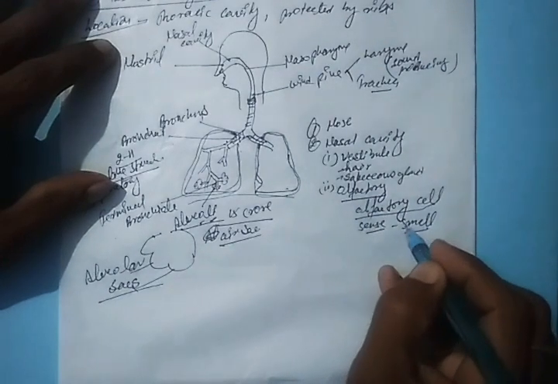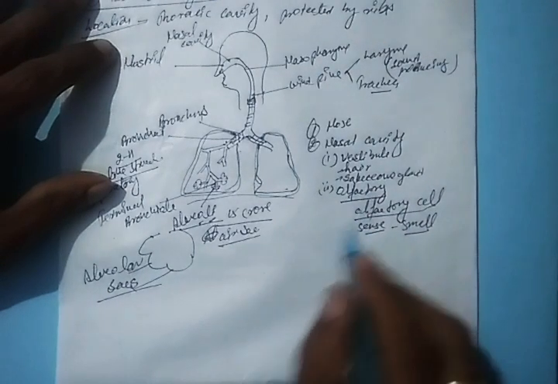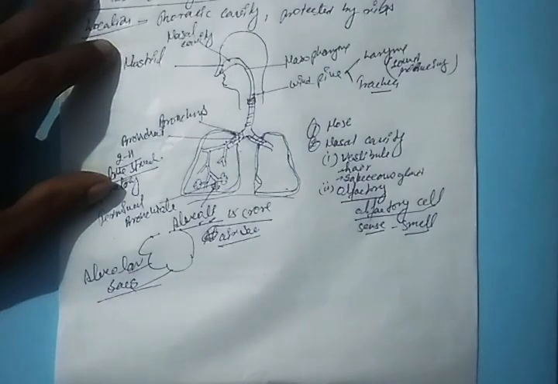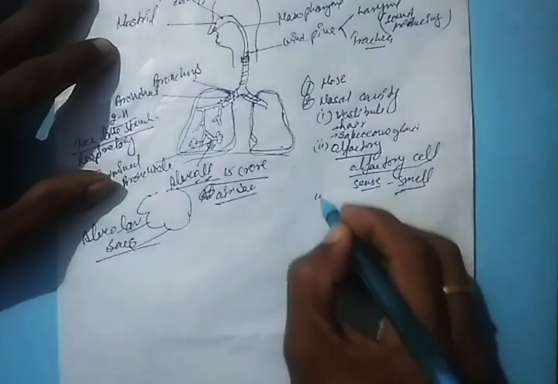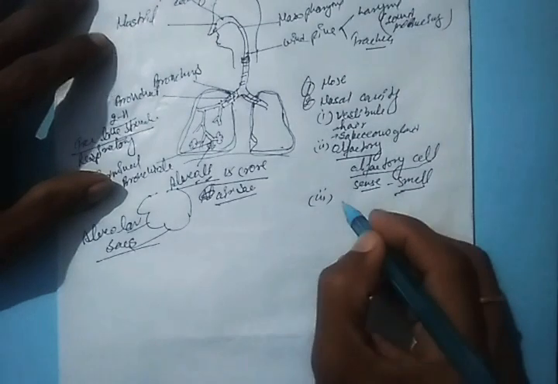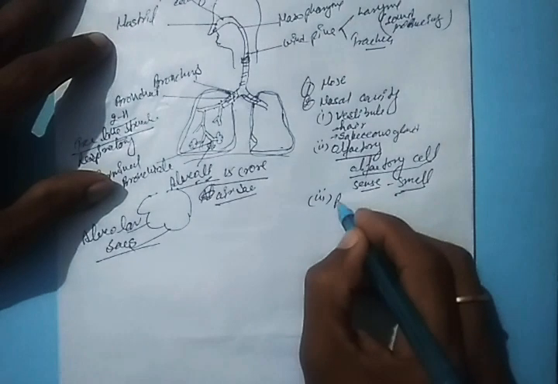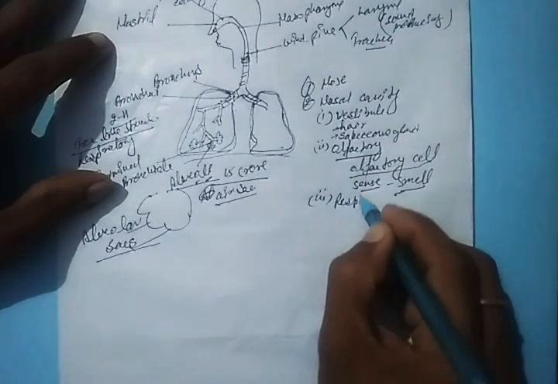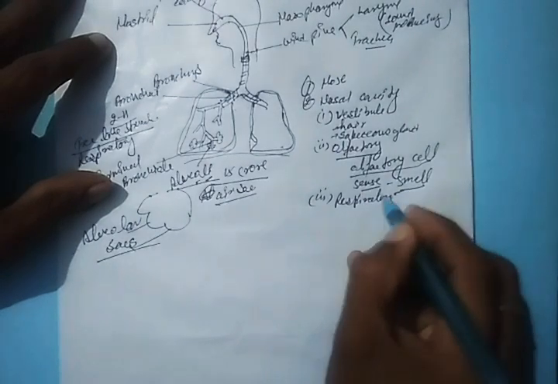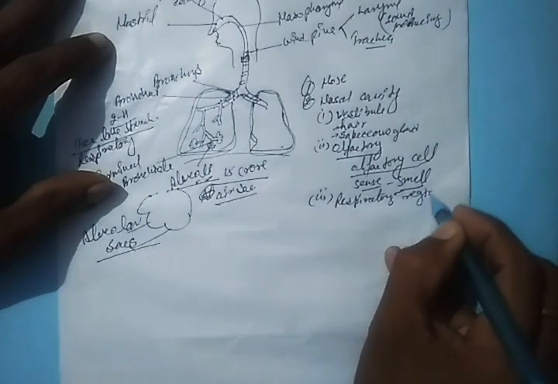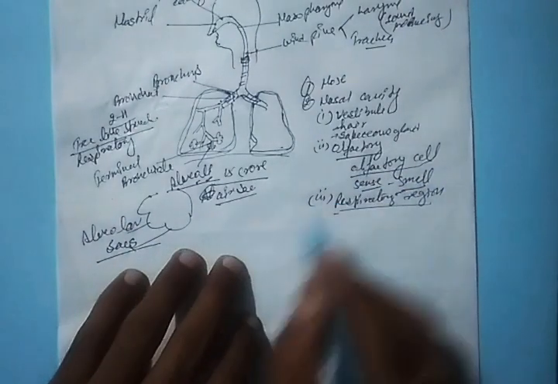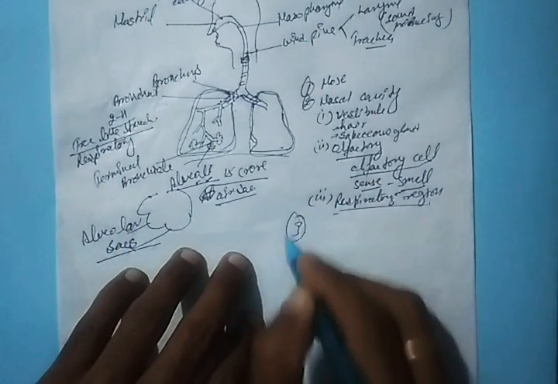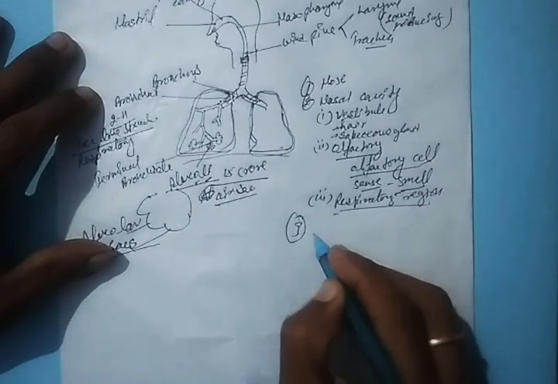Basically, this part is responsible for feeling the smell. Next, the last third part of the nasal cavity is the respiratory region. The respiratory region opens into the next part, that is the nasopharynx.